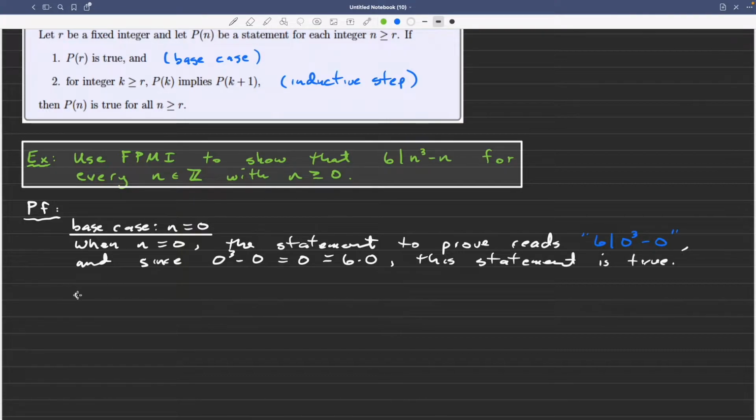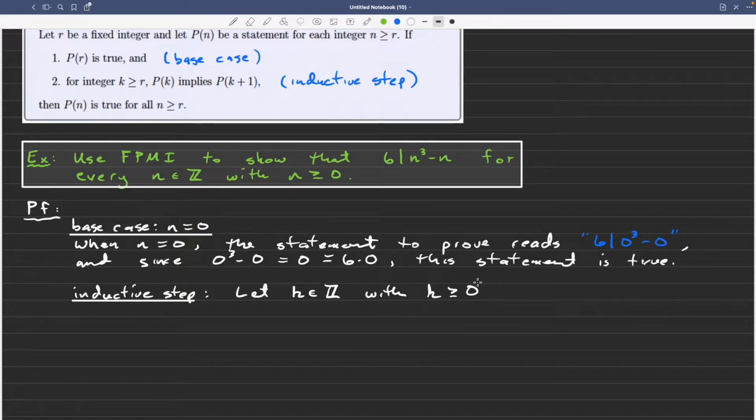And so now let's move to the inductive step. For the inductive step, we're going to take an integer k, and the integer k needs to be greater than or equal to our base case, which is 0, so let's have k be bigger than or equal to 0.